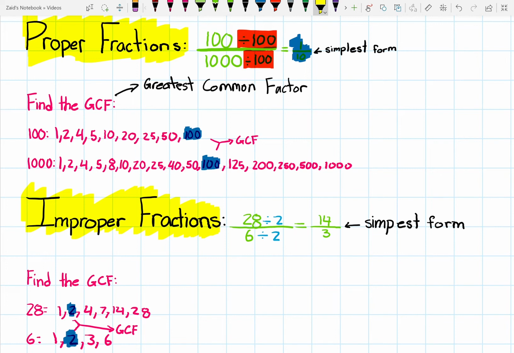So our common factors are 1 and 2, but our greatest common factor is 2. That means we have to divide both numerator and denominator by 2. So 28 divided by 2 is 14, and 6 divided by 2 is 3. So our simplest form is 14 over 3.